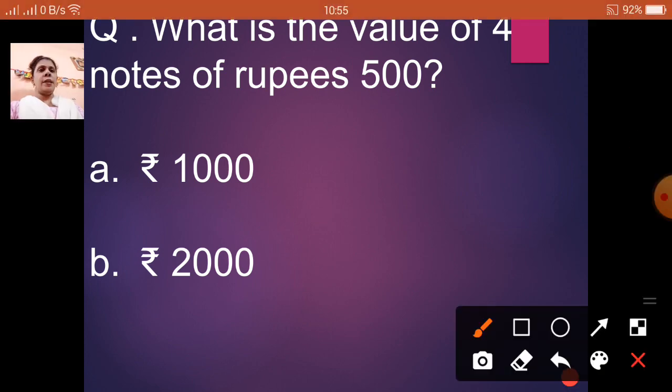Now let us calculate, children. 4 notes of rupees 500, correct?